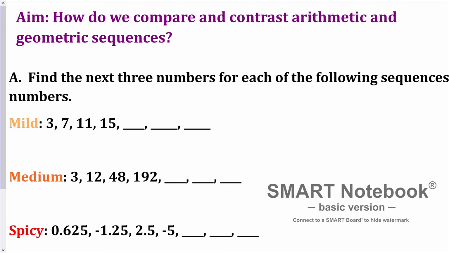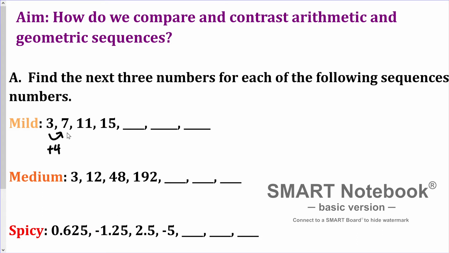We've got 3, 7, 11, 15. It doesn't look like any of these numbers are multiples of 3, so I don't think there's a multiplication pattern. But let's see, how far is 3 from 7? Well, that would be plus 4.